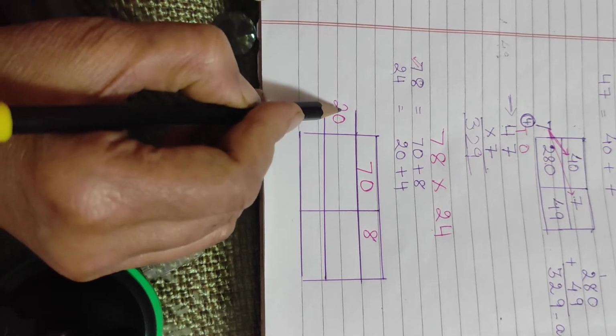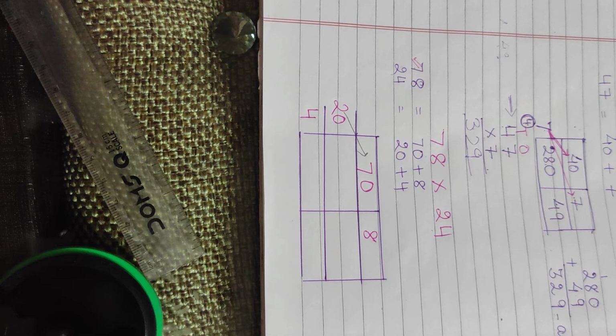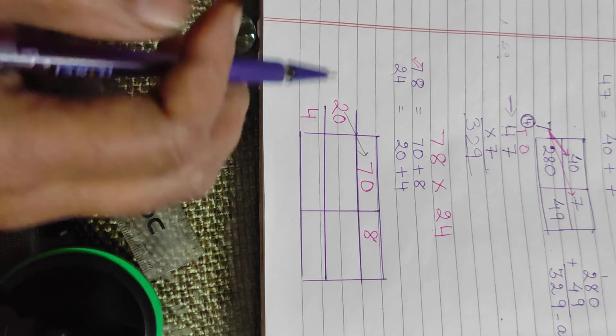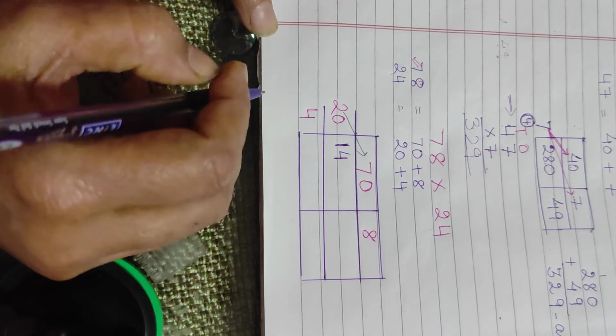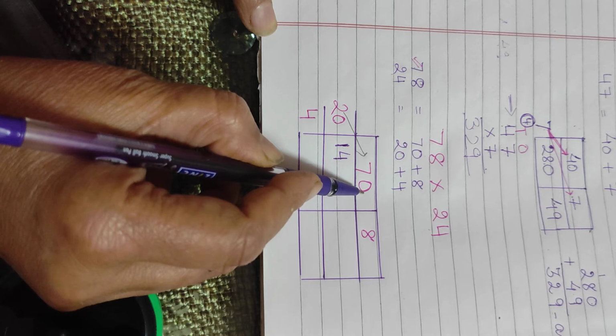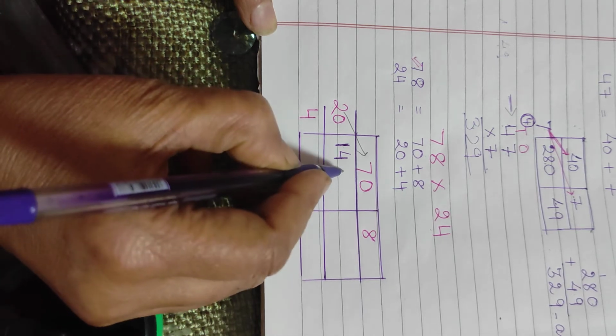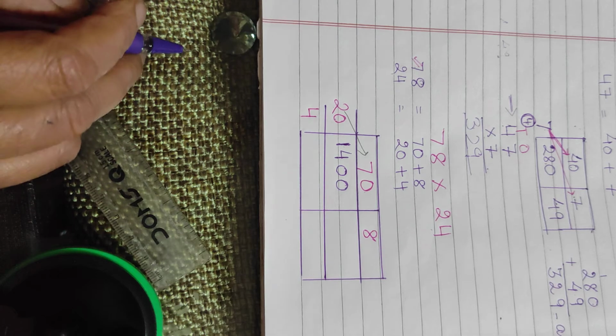You have to read 2's table 7 times. 2 sevens are 14. And 2 is having 1 zero and 7 is having 1 zero. So total 2 zeros. Correct?